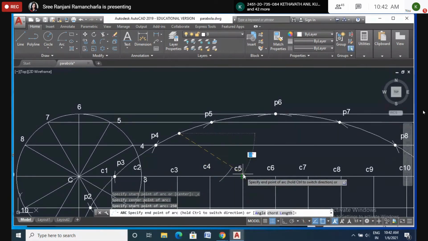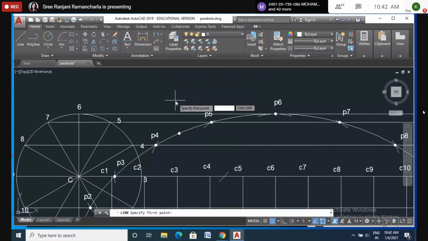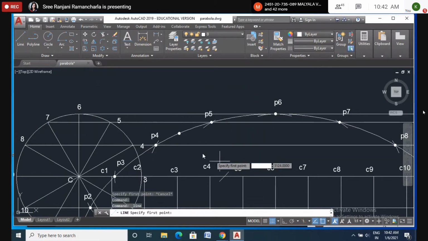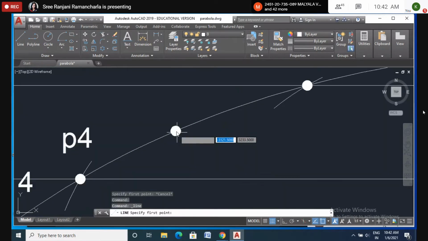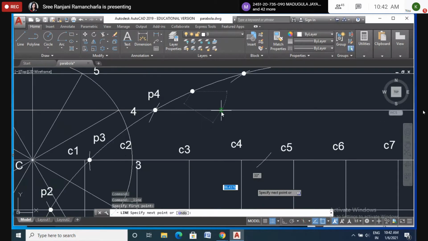Somewhere it is there, right? So draw the line from. You may draw the line. Just mark this point as M, like that. Mark as M here. Okay.